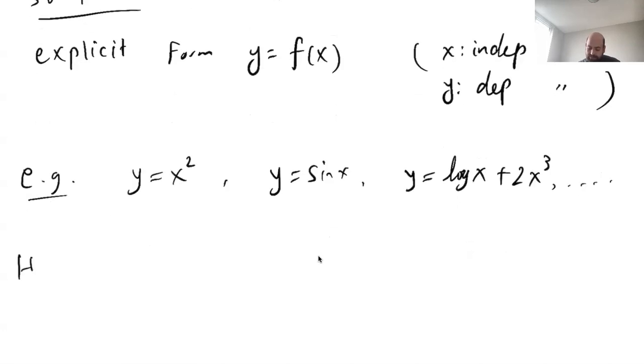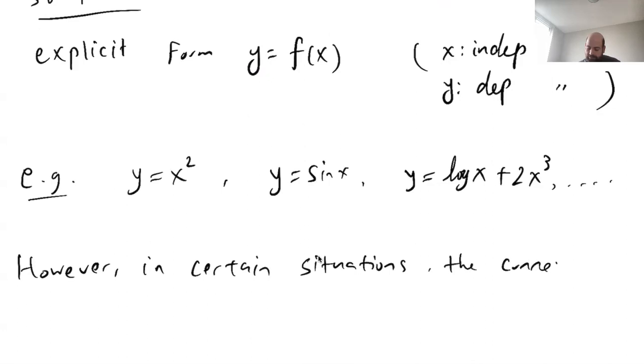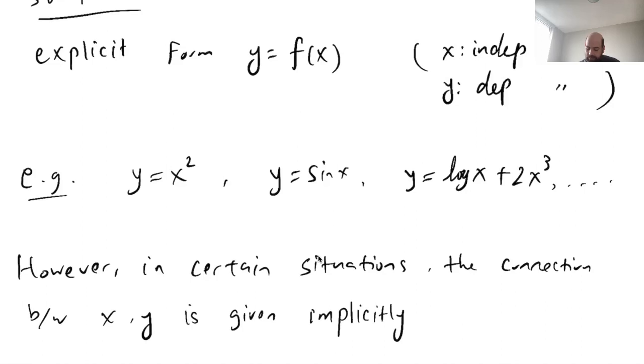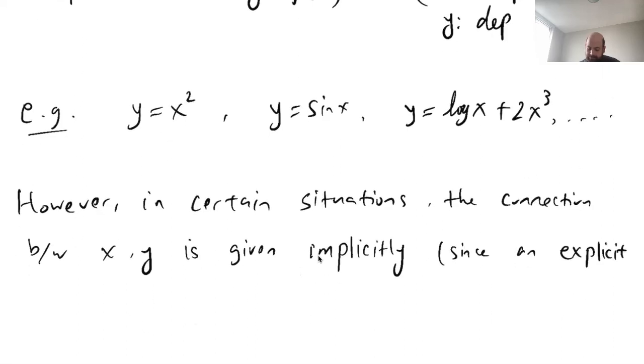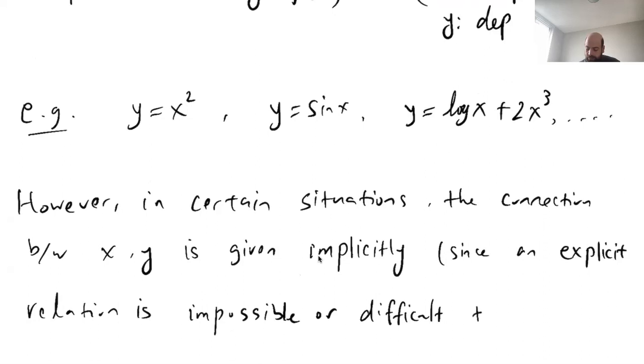However, in certain situations, the connection between x and y is given implicitly, since an explicit connection or explicit relation is impossible or difficult to state.